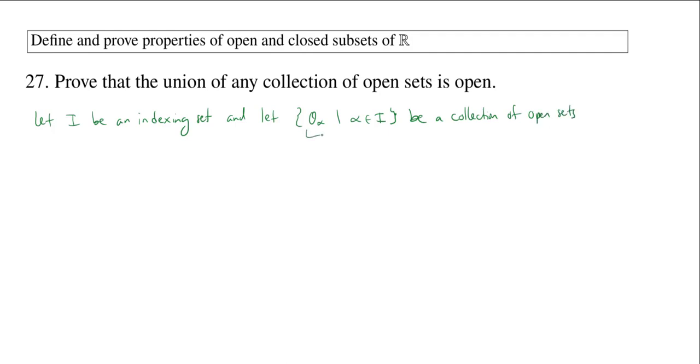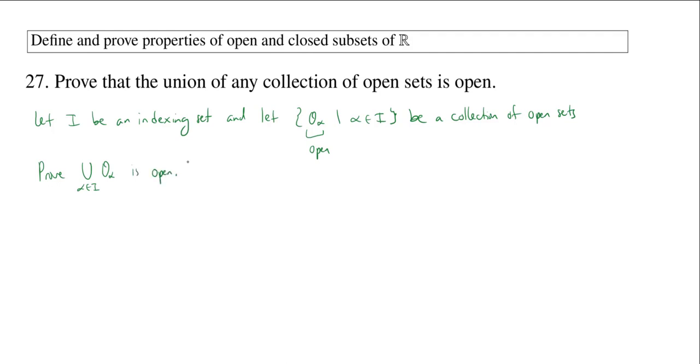So that means that each one of these O alphas is an open set. And we want to prove that the union of all the O alphas is open. That's the most general situation that we can get. So we need to prove that the union as alpha runs through I of O alpha is open.